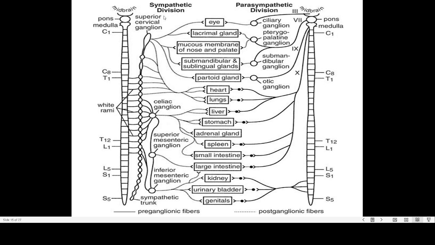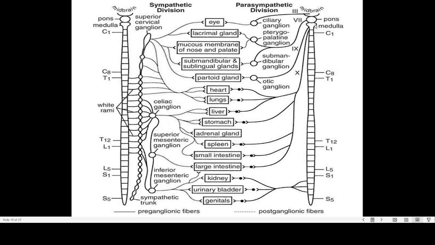The ganglia are called paravertebral or prevertebral ganglia, and communications between the ganglia at different levels form the sympathetic trunk, the communication of the synapses of the pre and postganglionic neurons.